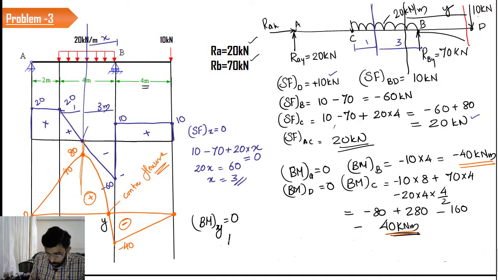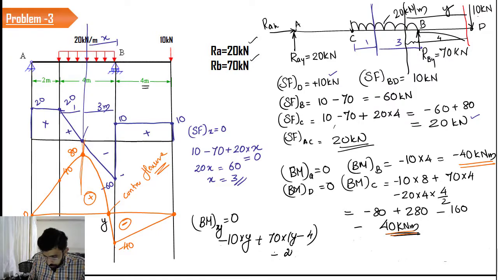So upon solving, I can say that minus 10 into y, plus 70 into y minus 4, because this distance is 4. So this has to be y minus 4.